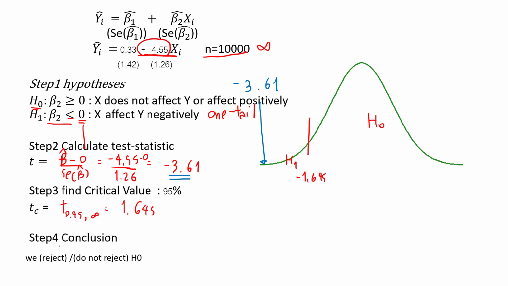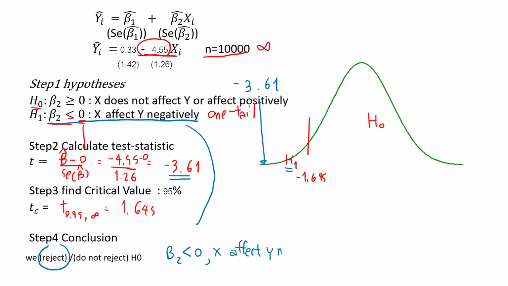Reject, yes, correct. Reject because we go to H1. We say H0 is not correct. We reject H0. What does it mean? It means beta 2, you can write down this, less than 0, or X affects Y negatively.